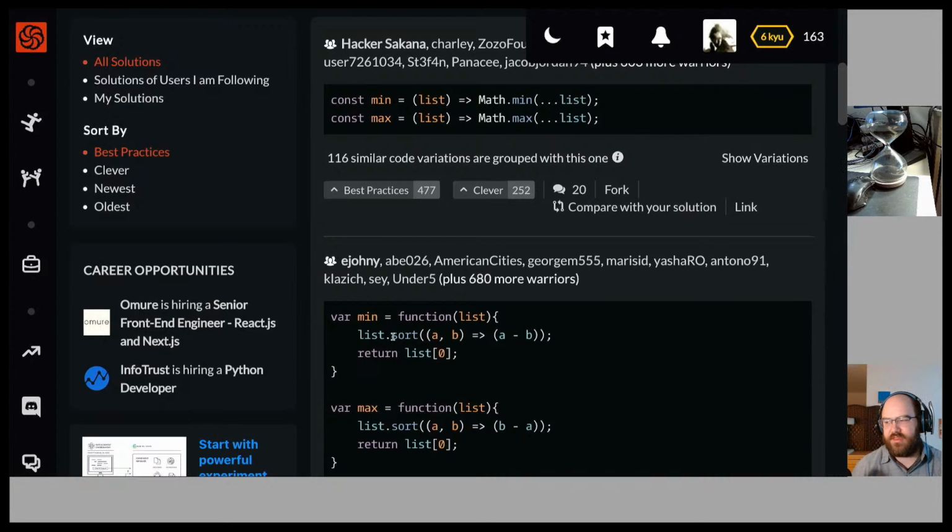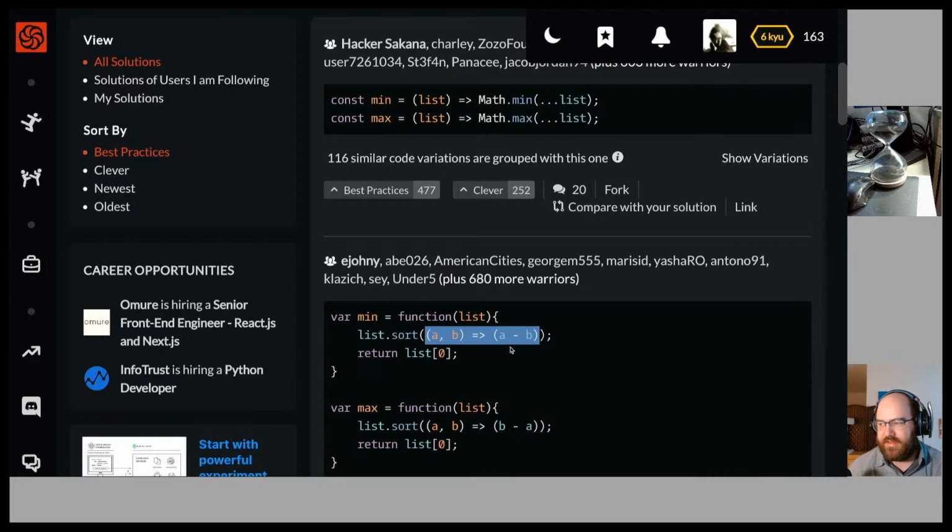Oh, interesting. This person used a sort and then returned the 0th element. You know, I don't know if that a, b going to a minus b is actually necessary there, because they're integers. I kind of want to test that.